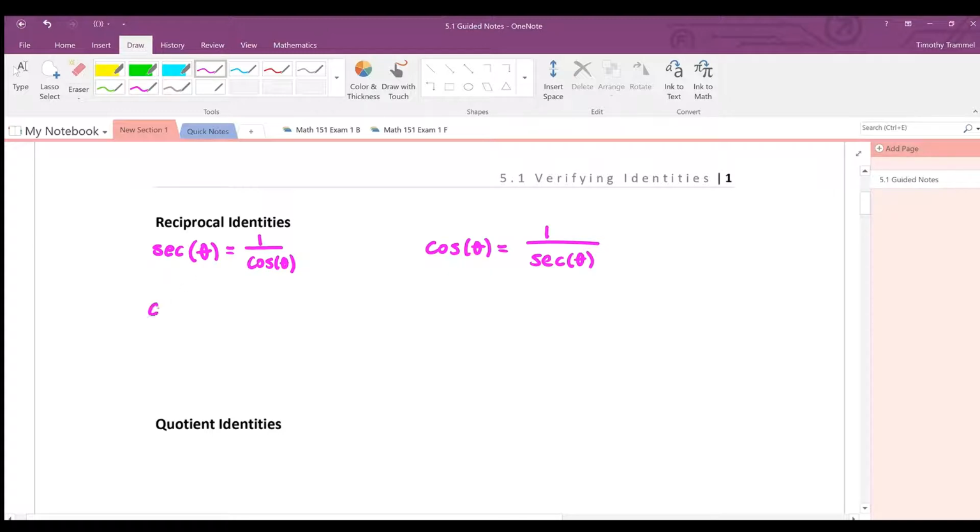And then we have cosecant of theta is equal to 1 over sine of theta. And we also have sine of theta is equal to 1 over cosecant of theta. And then just two more of these. We have tangent of theta is equal to 1 over cotangent theta.